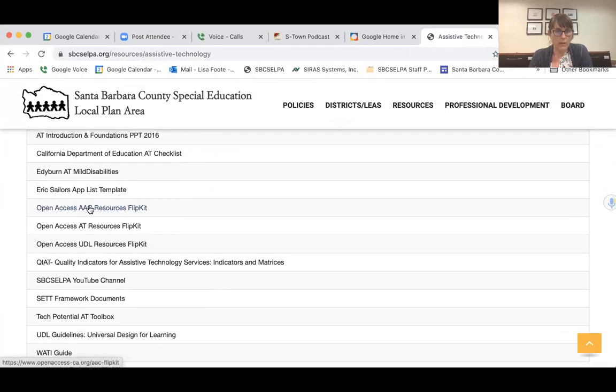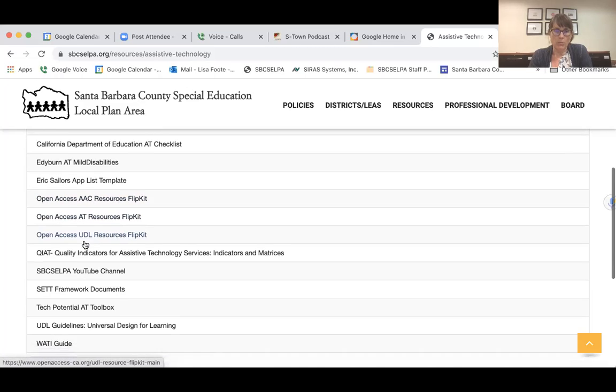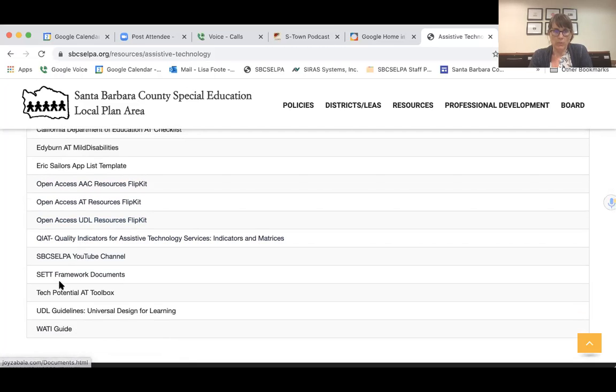The ones I want to highlight here, which I also have linked on the website, which I'll show you in a minute, is this Placer County SELPA has an open access program, and they've curated all sorts of great resources for AAC, for AT, and for UDL. As well, you've got what I talked about, that SET framework, UDL guidelines, and the WADI are all here for you to link to.